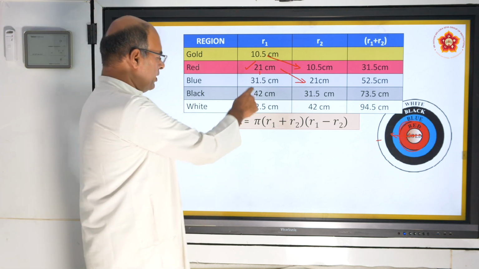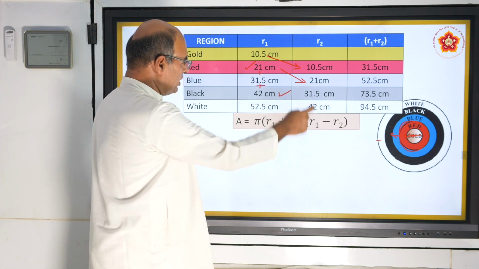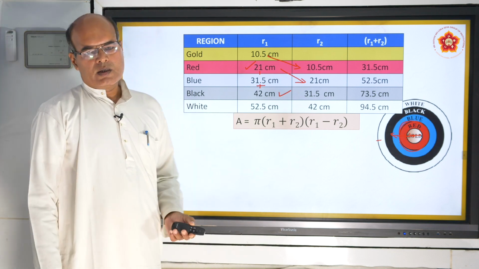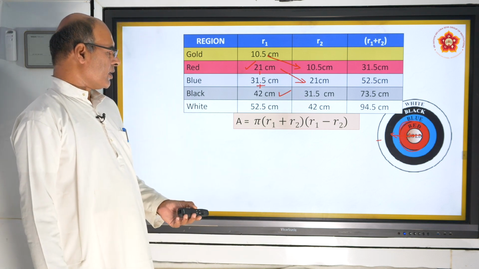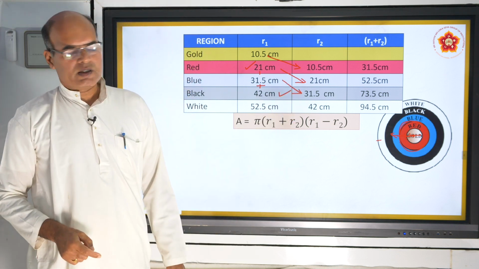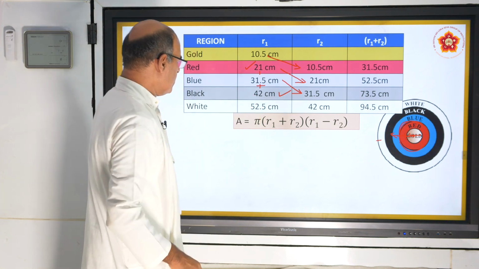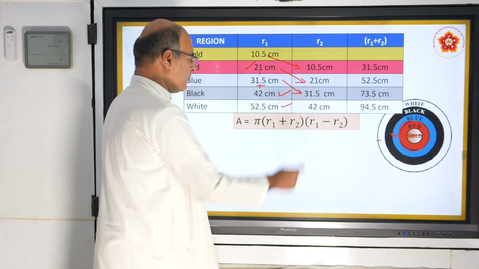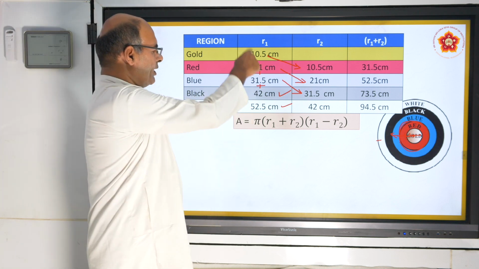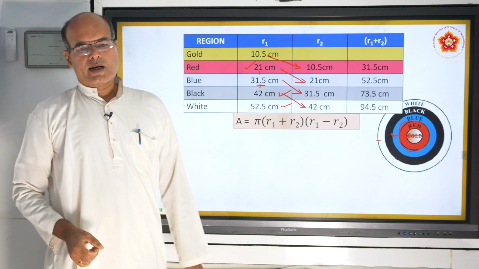For the next circle, add 10.5 to 31.5 and we get 42 centimeter. For the black region, the radius of the outer circle is 42 centimeter and the radius of the inner circle is 31.5 centimeter. For the next, white circle, 42 plus 10.5, 52.5 centimeter is the radius of the outer circle, and this 42 centimeter is the radius of the inner circle.